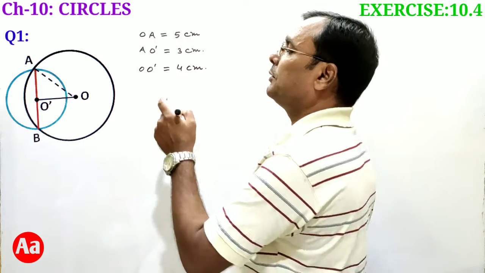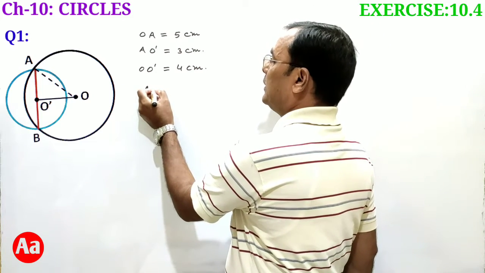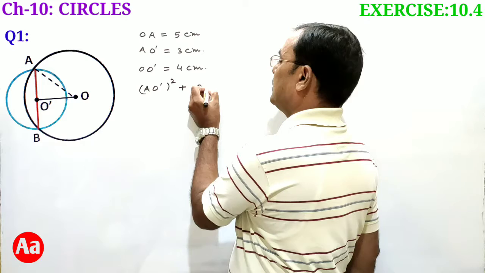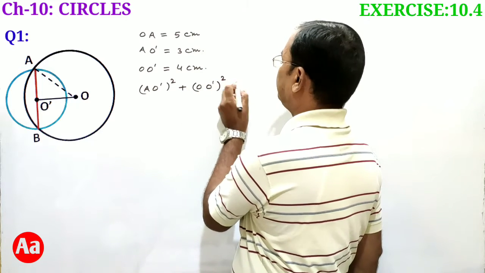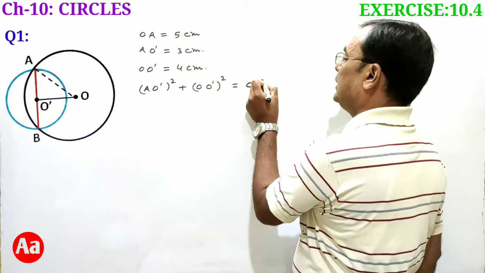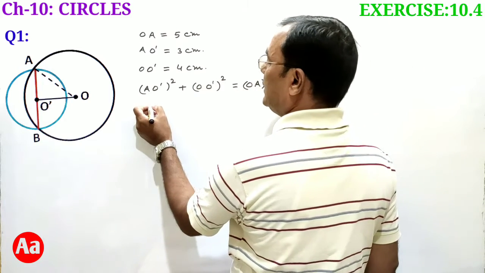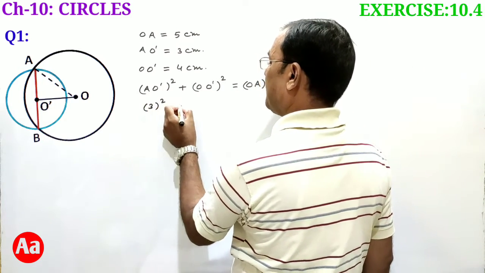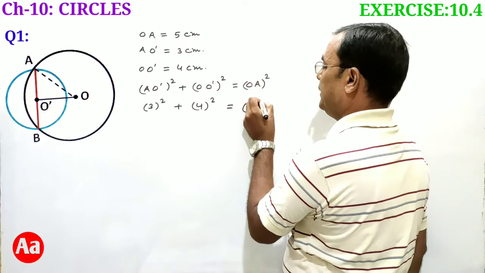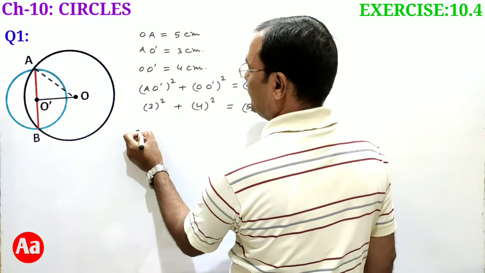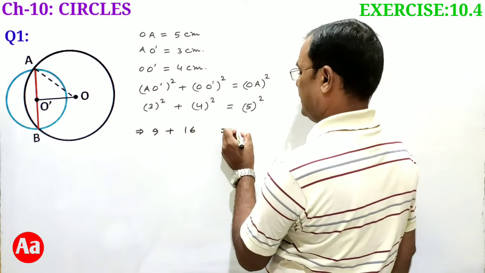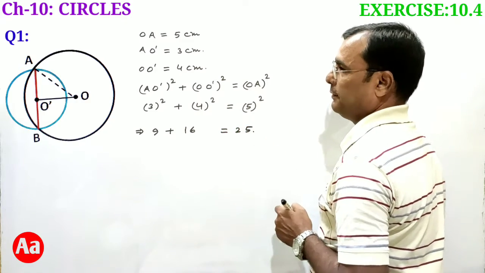Here we can observe that AO dash square plus OO dash square is equal to OA square, that is 3 square plus 4 square equals 5 square. This implies 9 plus 16 is equal to 25.